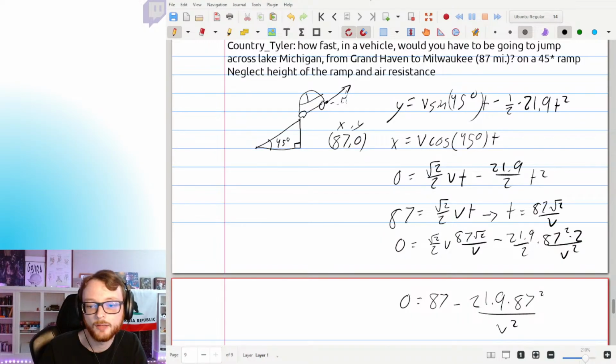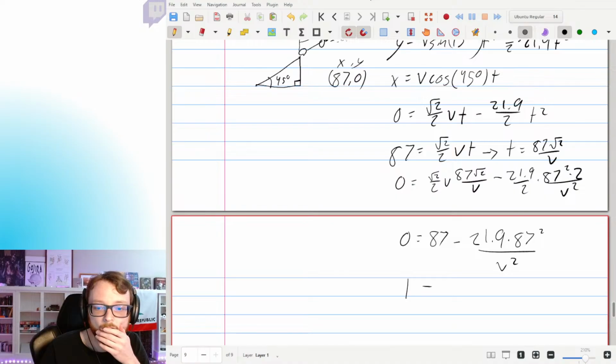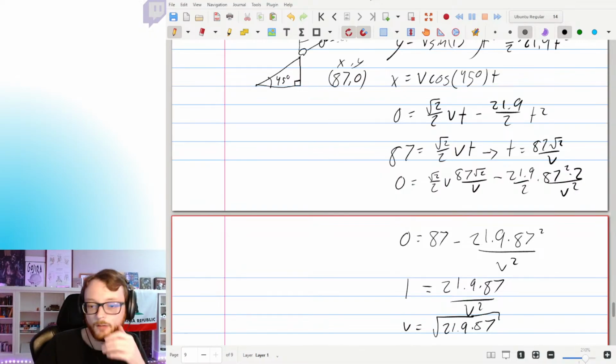So an 87 cancels, thankfully. And say that 1 equals 21.9 times 87 over v squared. And so v is going to be root 21.9 times 87, which is a job for a calculator.